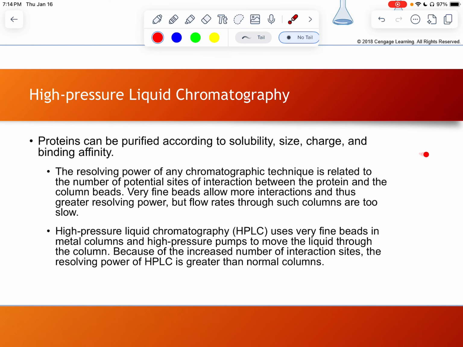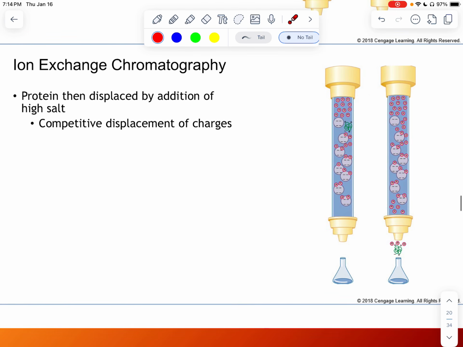It's going to take longer for everything to go through the various columns. So if we go back up to a column, if we have tons of tiny little beads, we're going to have better separation. But it's also going to take a really, really long time.